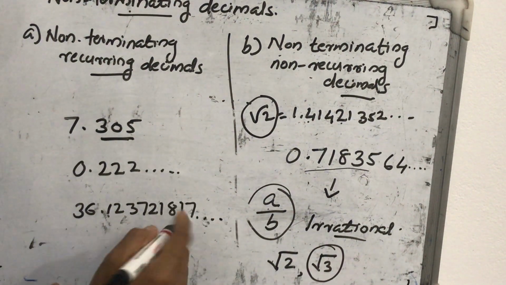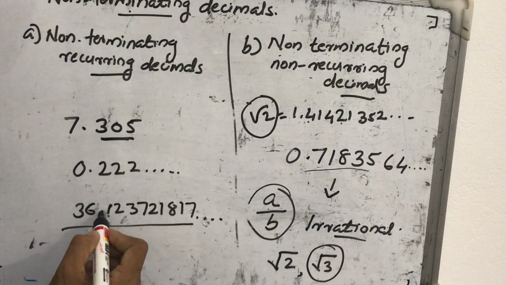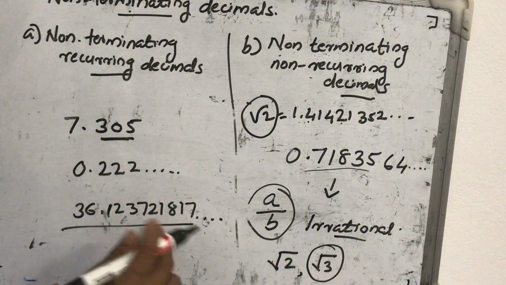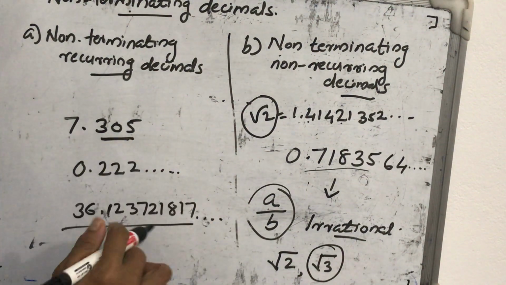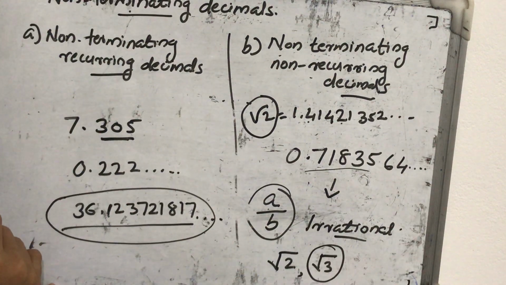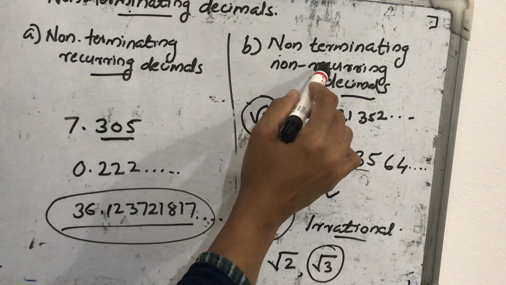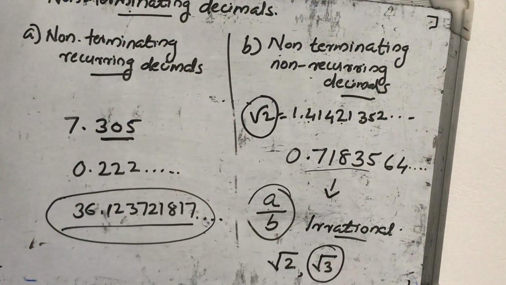Can we express this in rational form? No, because after the decimal point no digit is repeating continuously. We cannot write such numbers in the form of a rational number. So these are the main differences between non-terminating recurring decimals and non-terminating non-recurring decimals.